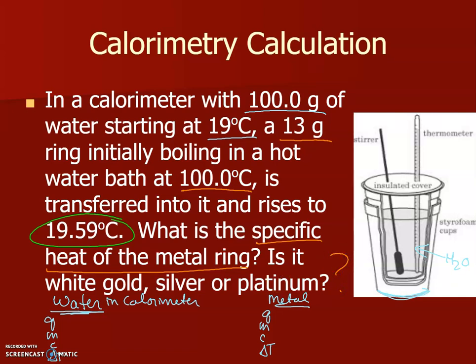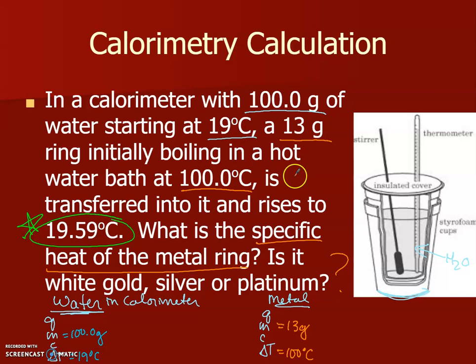So first of all, in the calorimeter, we have 100 grams of water. The water started at 19 degrees Celsius, and I have a 13-gram ring. And that started in a hot water bath at 100 degrees Celsius. And here's the big tricky part for some people.